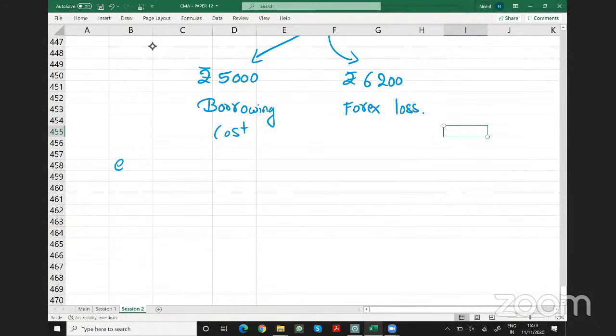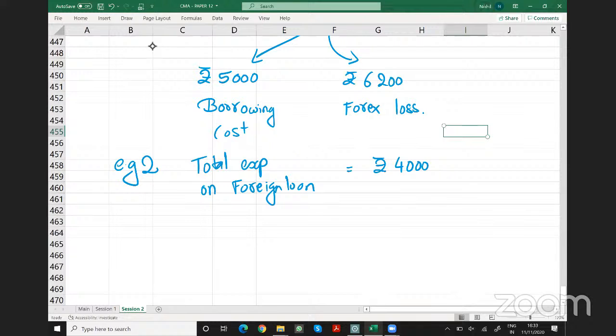So, sir, if we take example 2, where my total expenditure on the foreign loan is 4,000 rupees, and my expenditure on an Indian loan would have been 5,000 rupees.